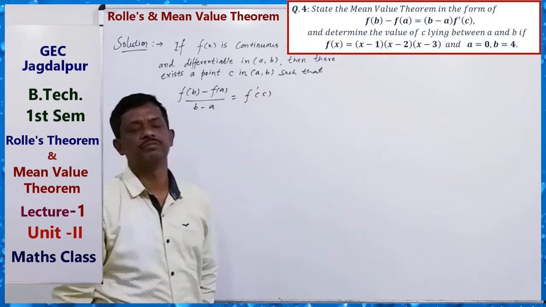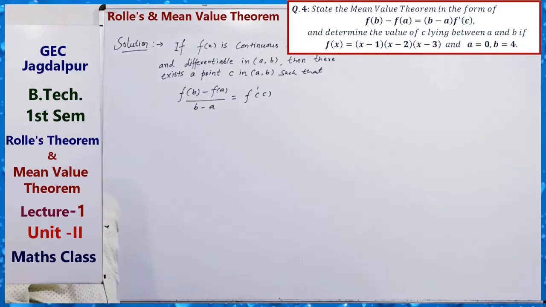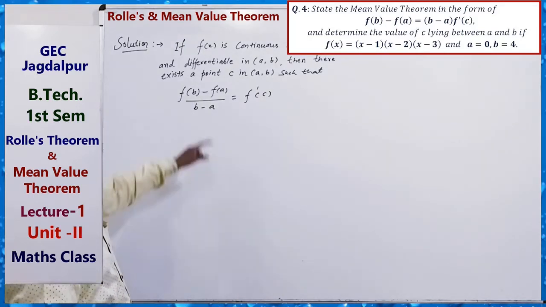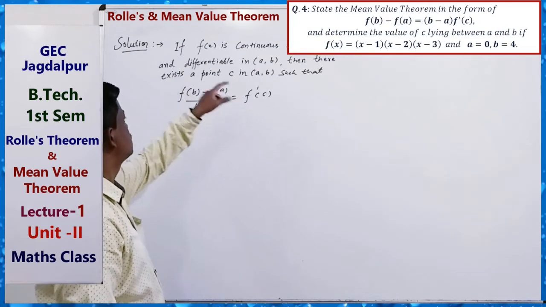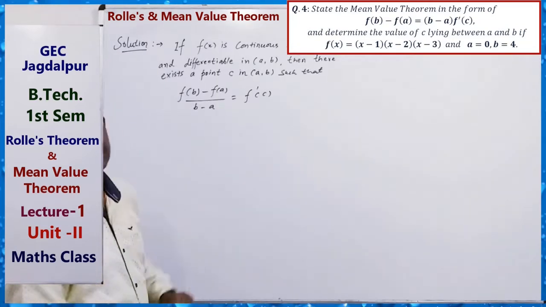This is the Lagrange mean value theorem statement. If these two conditions are satisfied, there exists a point c in (a, b) such that this holds.